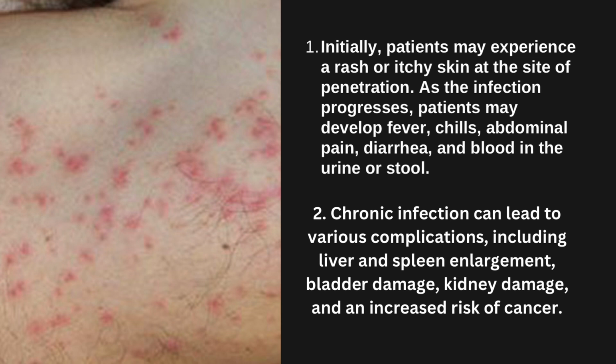Chronic infection can lead to various complications, including liver and spleen enlargement, bladder damage, kidney damage, and an increased risk of cancer. And here is a photo depicting what that rash may look like.